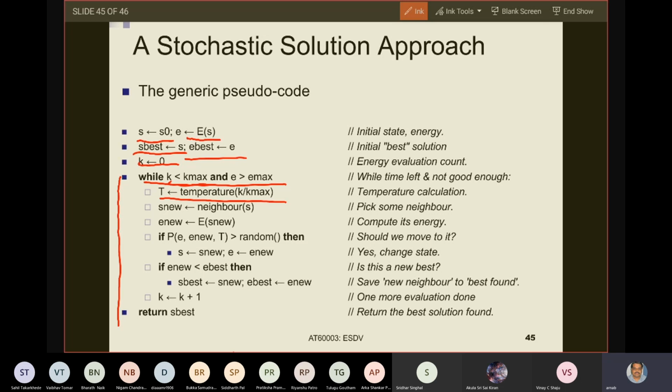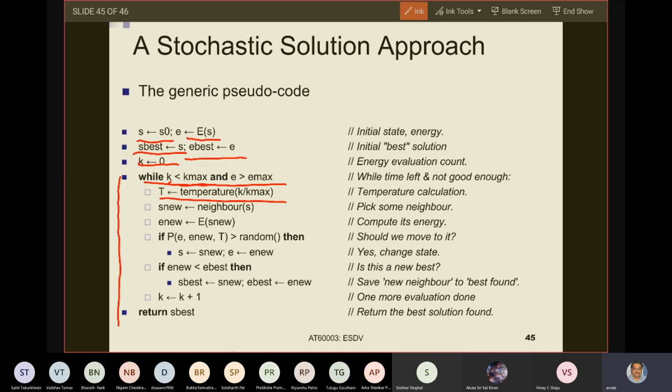Similarly, in simulated annealing, you first generate a very high value called temperature. And what is temperature? Temperature is a function of k divided by k max. Now when k is small and k max is large, this value is very low. So when the value of k by k max is very low, the temperature becomes very high.